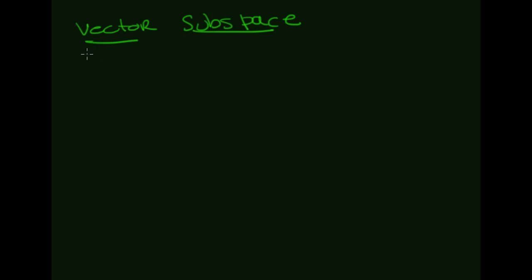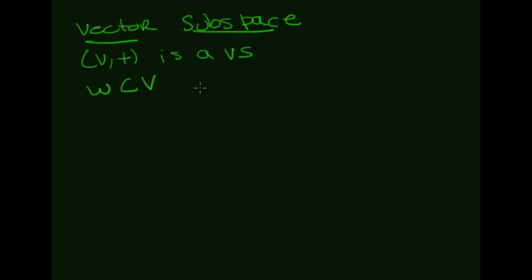So let's say that I have a vector space. V under plus is a vector space, right? And W is a subset of V. Okay.